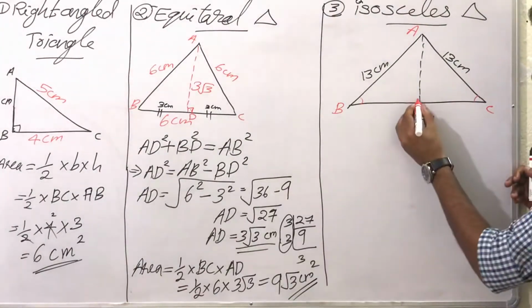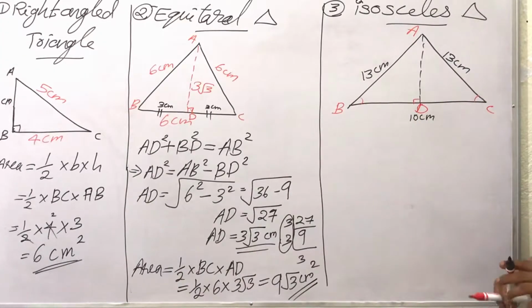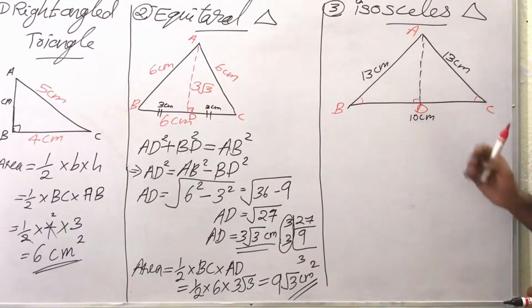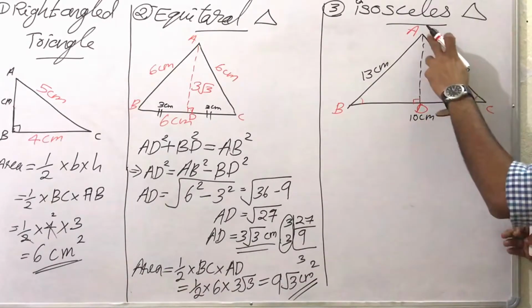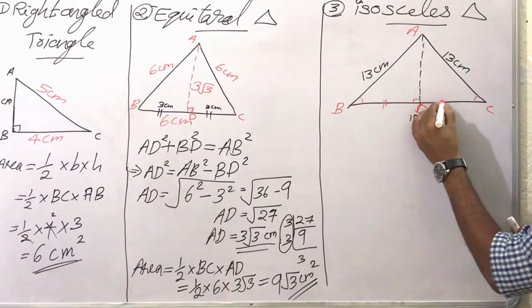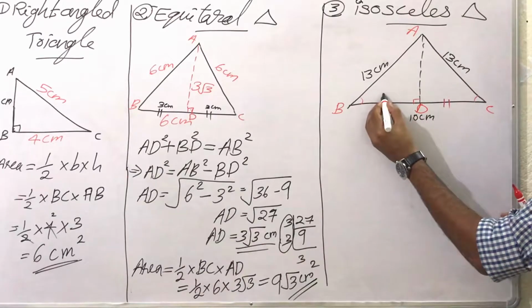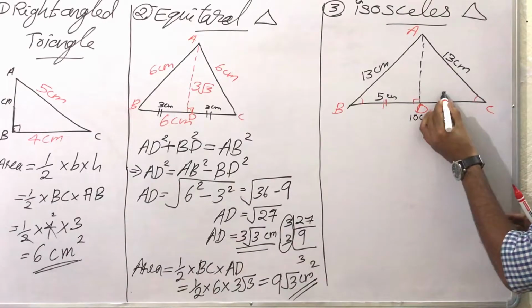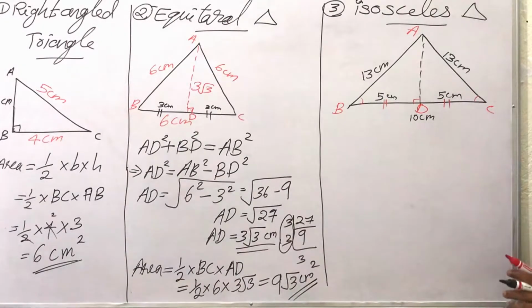Okay, so this will be perpendicular. Similarly, for isosceles triangle also, the altitude is same as the median of triangle. That means altitude bisects the base. So this whole 10 centimeter will be divided into 5 centimeter and 5 centimeter. BD is equal to 5 centimeter as well as DC is equal to 5 centimeter.